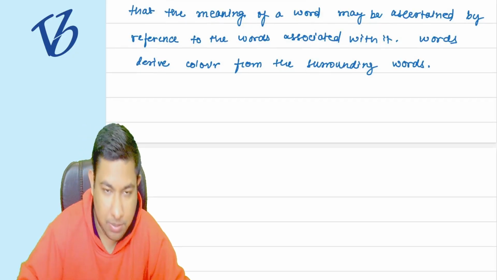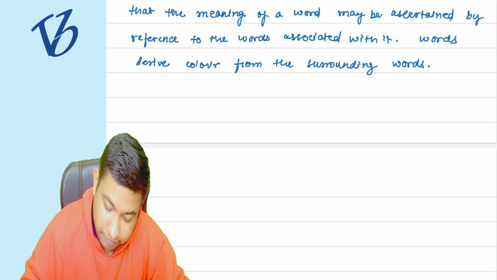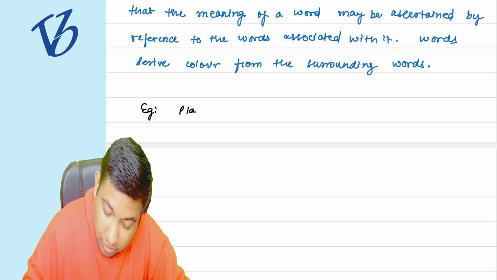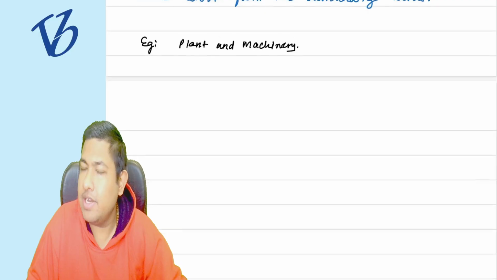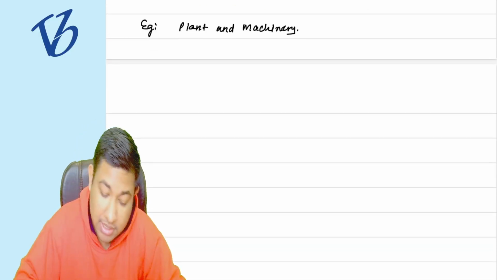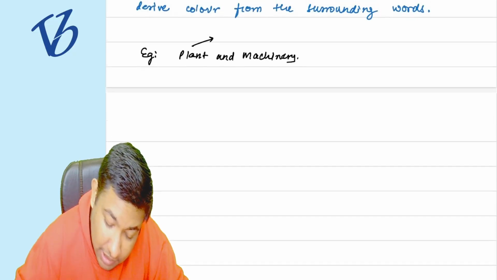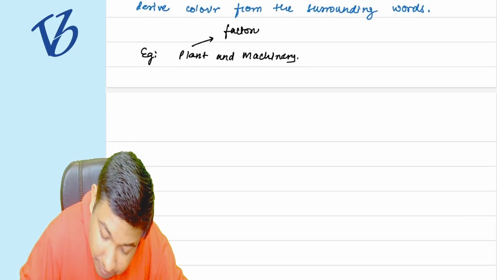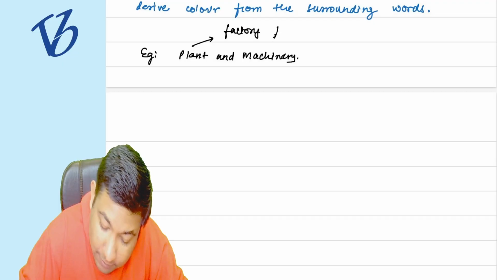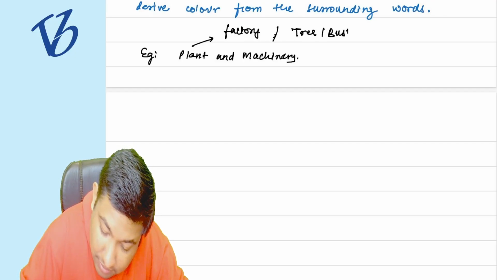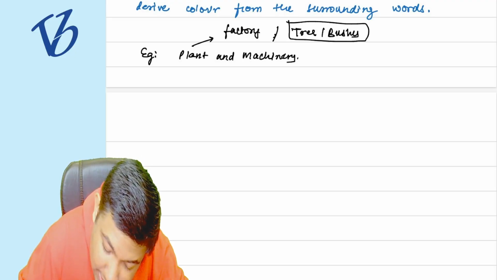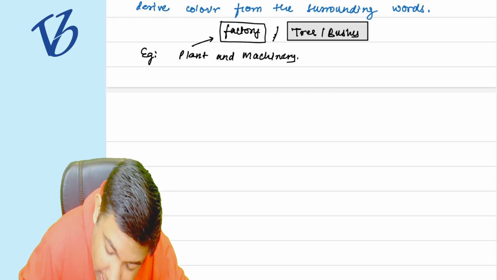For example, suppose the words given in the law are plant and machinery. See, a plant can be a factory plant, or a plant can be a tree or bushes. These are also plants, and a factory plant is also a plant.